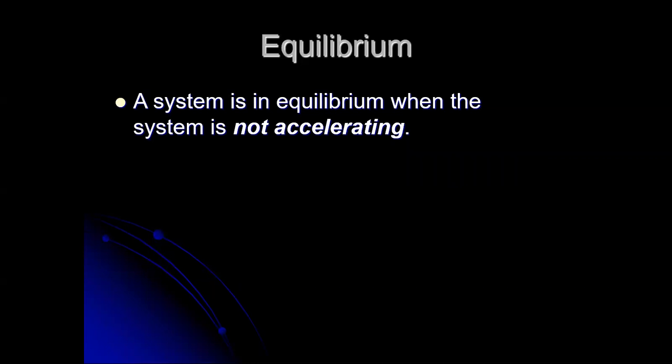Newton's first law says that when the net force is 0, a fancy way of saying all the forces cancel out, then the acceleration is 0. Acceleration being 0 doesn't necessarily mean that things are stationary, but it means they're not changing. Think about an airplane in straight and level flight. You've got lift opposing weight.